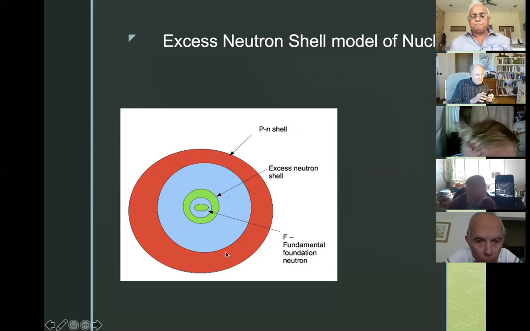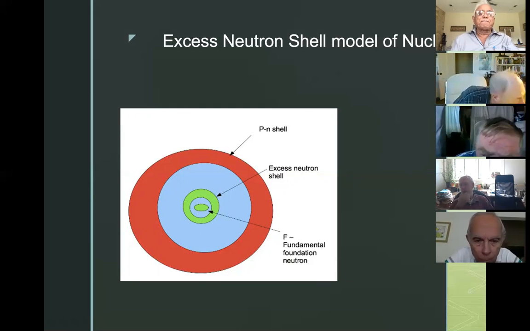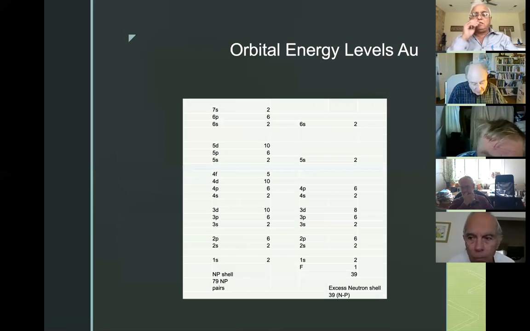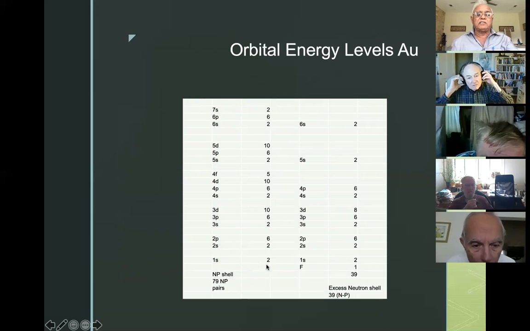So this is my model. I apply this model, and this is the NP shell levels: 1s, 2s, 2p.